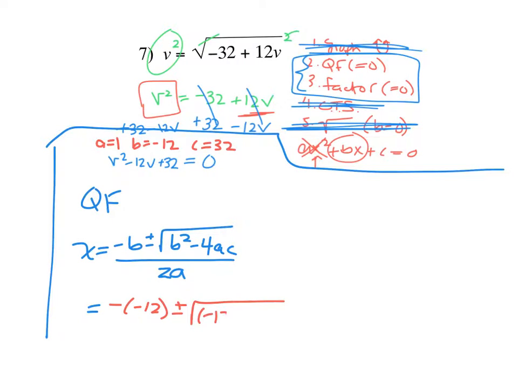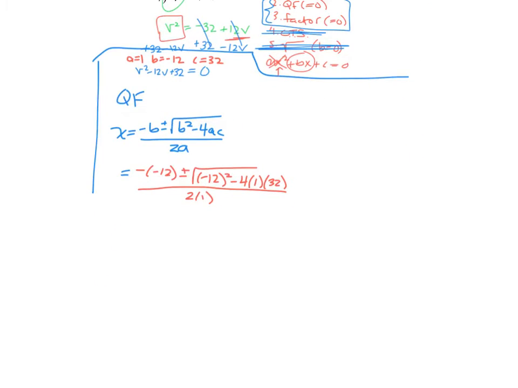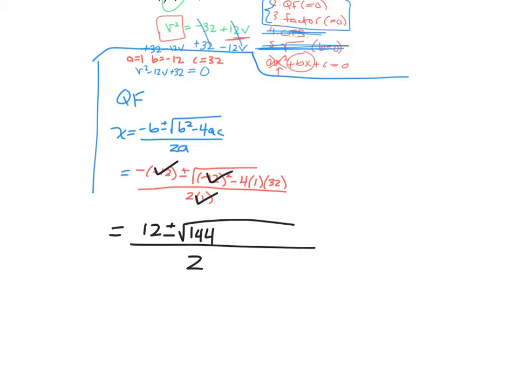Plug everything in, don't forget your negative on your 12. Okay, now the quick parts we can figure out here are negative of a negative, which would be a positive, 2 times 1, which is 2, so that takes care of these guys. Negative 12 squared is 144, even if it's negative.